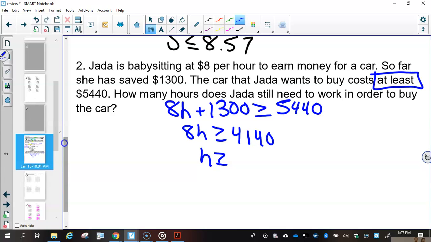H is greater than or equal to. Would this make sense for the amount of hours? Yeah, kind of. Could we have 0.5 hours? Yes, because that'd be minutes. Or you could round up. Either one.